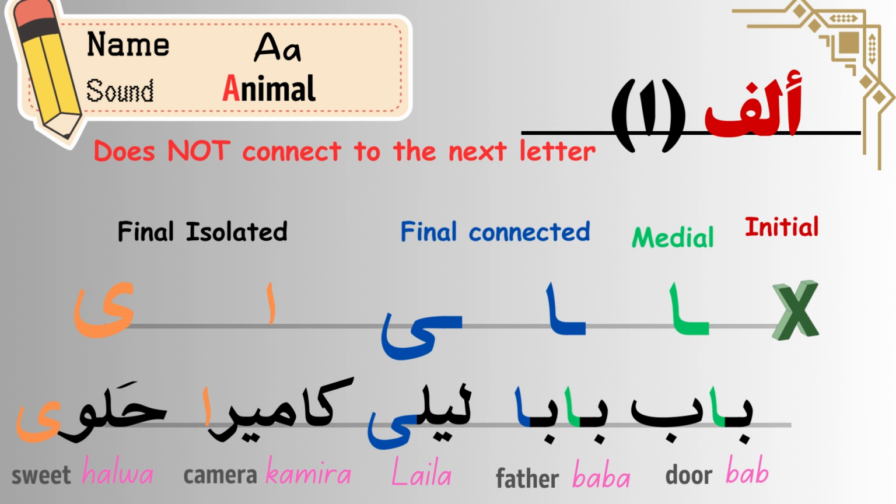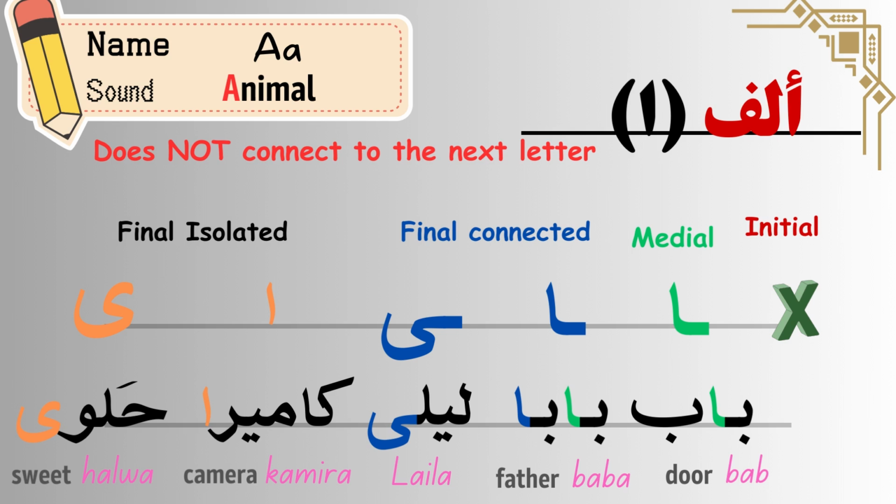And in the final form connected, there are 2 shapes for the alif. There is the long alif, and word baba shows you the final form connected of the long alif. And there is the broken alif, and word layla shows you the final form connected of the broken alif.